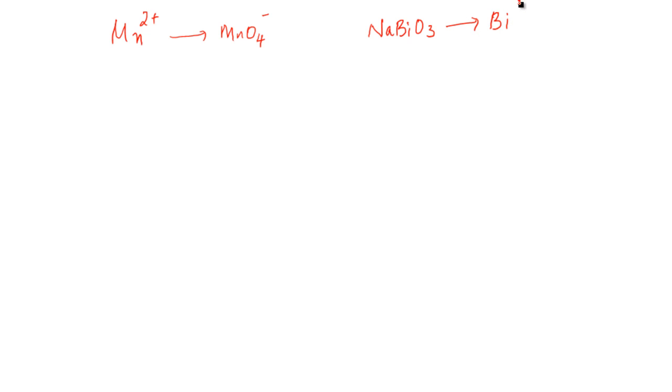Let's pick up the first one. Manganese is balanced, oxygen is not. We have 4 oxygens on the right side. Therefore, we are going to add 4 water to the left side, right? Because we want to make the oxygens balanced. So the left side now has 4 water plus Mn2 plus, and on the right side we have MnO4 minus.